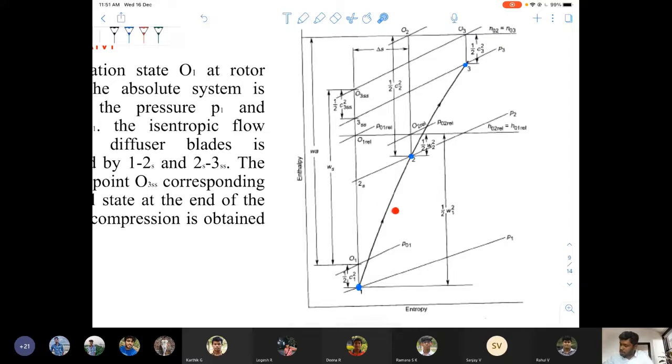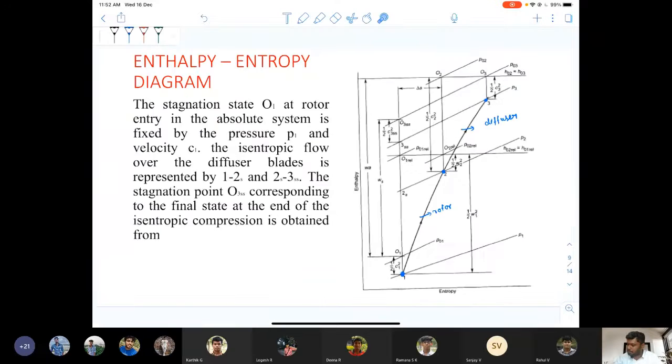This 1 to 2 is for the rotor, and this is for the diffuser. Therefore, the total actual work happens from 1 to 3, and from 1 to 2 it is for the rotor blade, and 2 to 3 is for the diffuser blade.